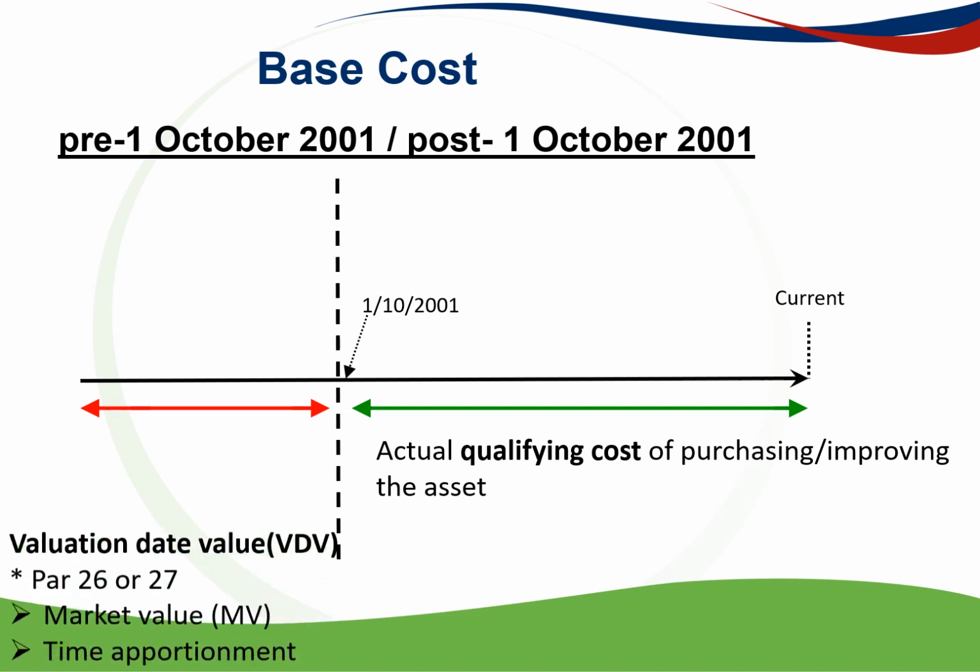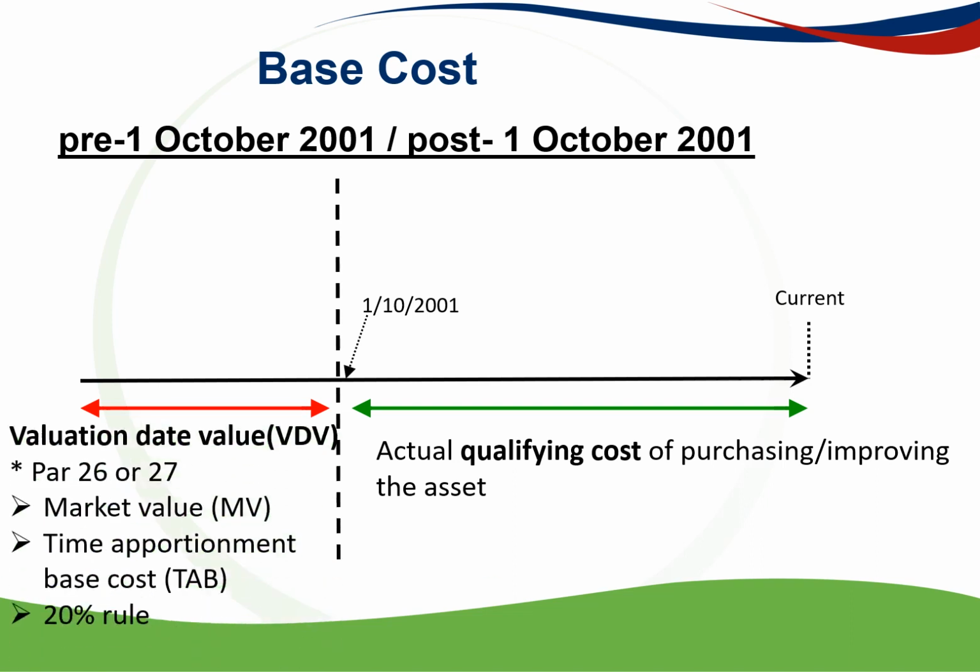For assets purchased pre-1 October 2001, the valuation date value must be established, either in terms of paragraph 26 or 27 of the 8th Schedule. The general rule is that the higher of the market value or the time apportionment base cost or the 20% rule can be used, but we will look at some exceptions.